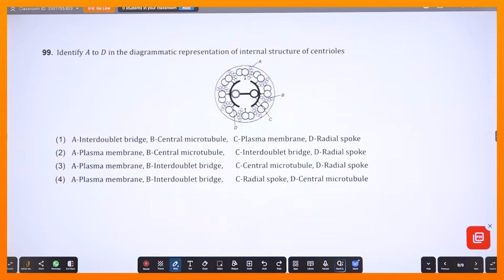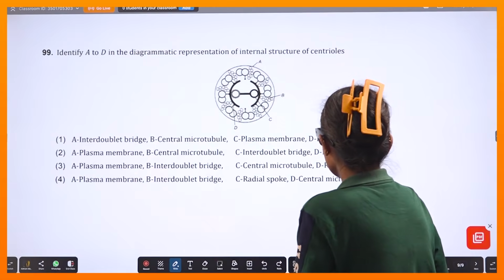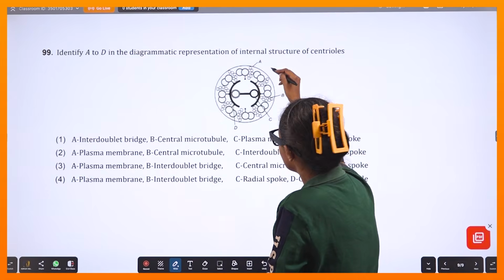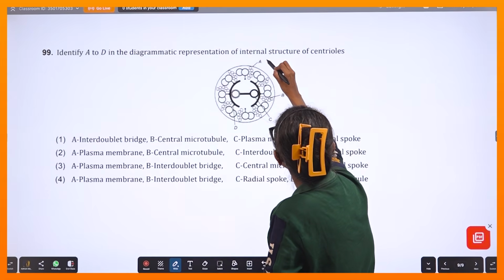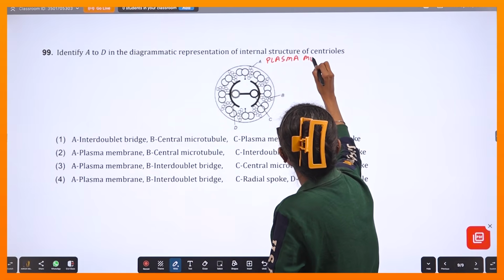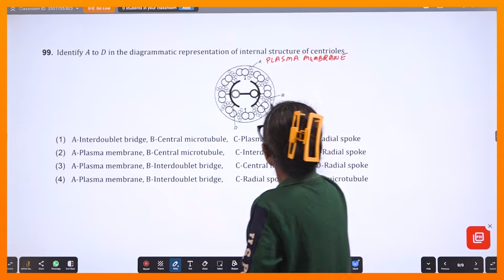Okay, I'm almost reaching centrioles and all, that part. Okay, so you have to match it with stuff. Alright, A is definitely plasma membrane. Definitely plasma membrane. Okay.